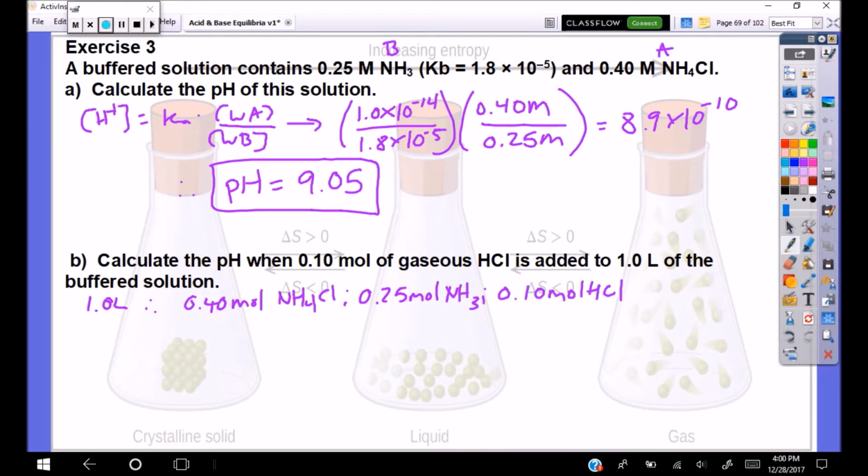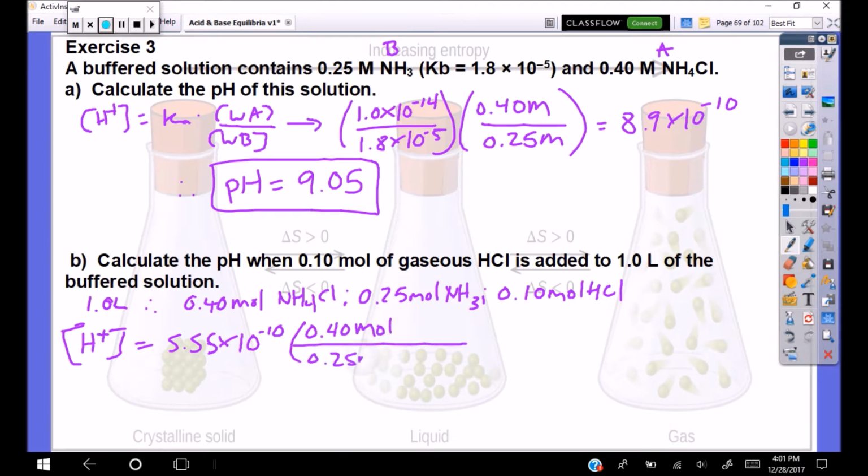Okay. So let's look. We've got my Kb. So H plus, not my Kb, my Ka. H plus equals my Ka. So 5.5 times 10 to the negative 10th. That's what I calculated in the previous problem. And I've got 0.40 moles and 0.25 moles.